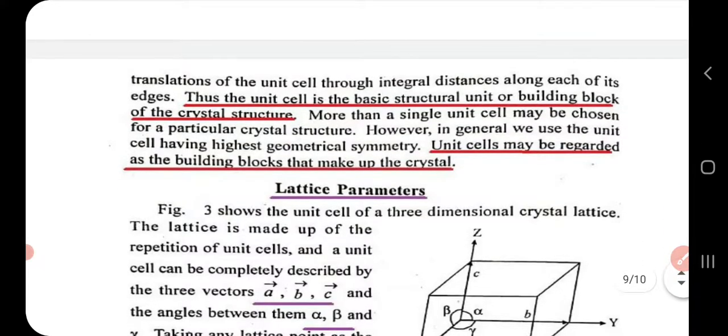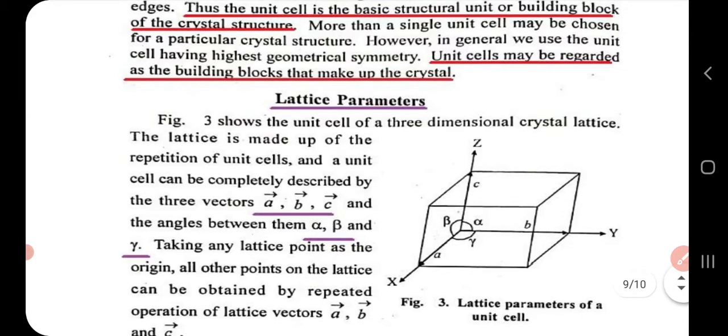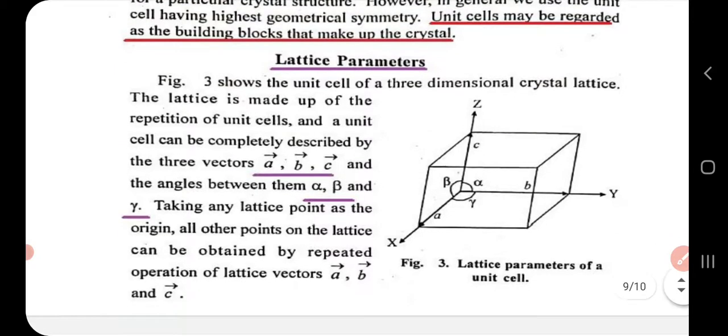Now, in order to describe a unit cell, you need to use certain vectors, that is vector A, vector B, vector C. They are called lattice vectors. Now the angles between these lattice vectors A, B and C are denoted by alpha, beta and gamma, and they are called interfacial angles.